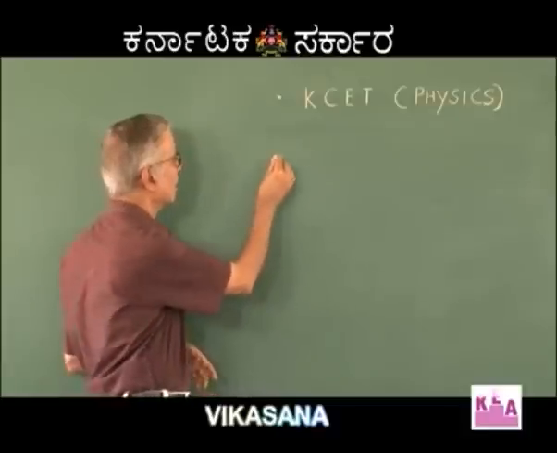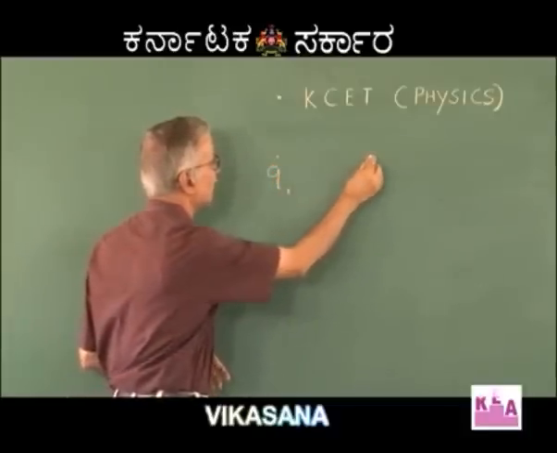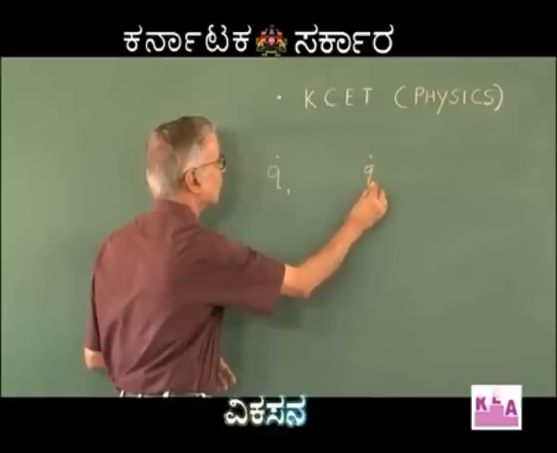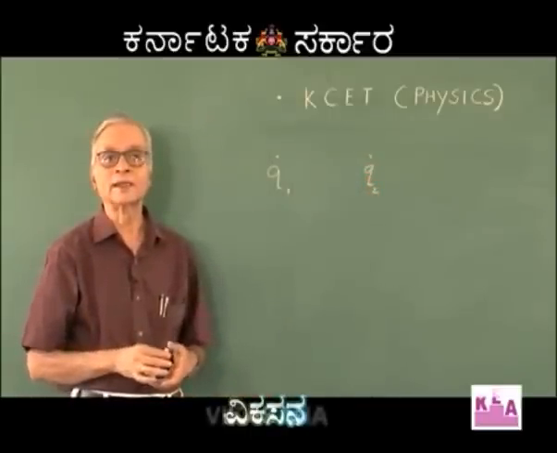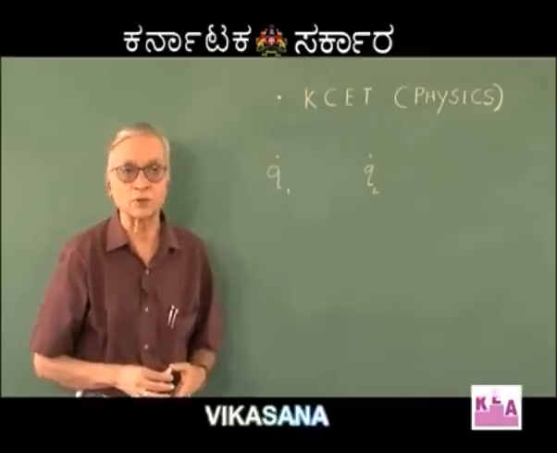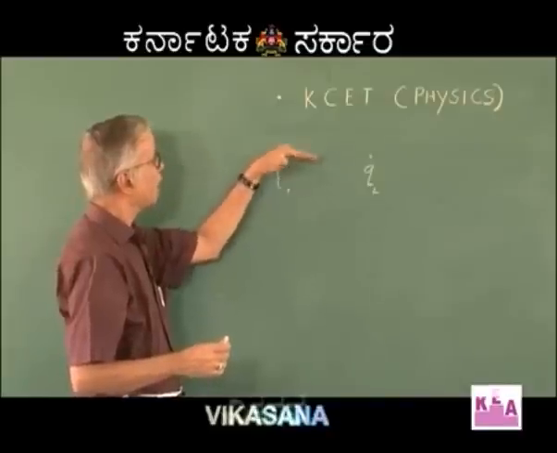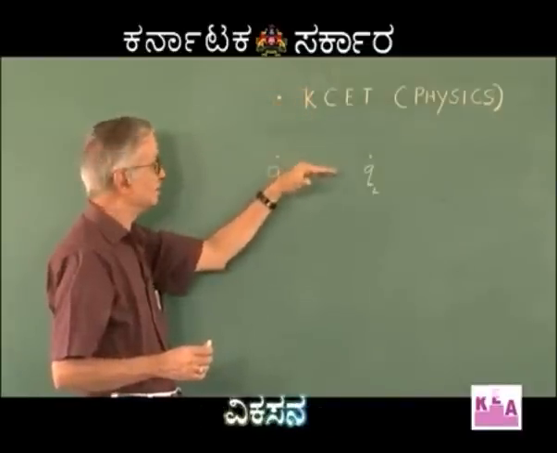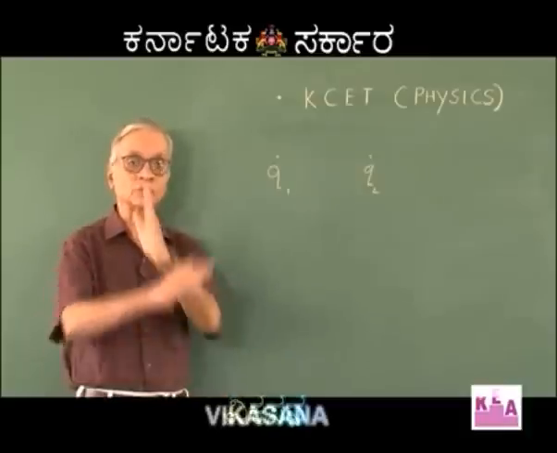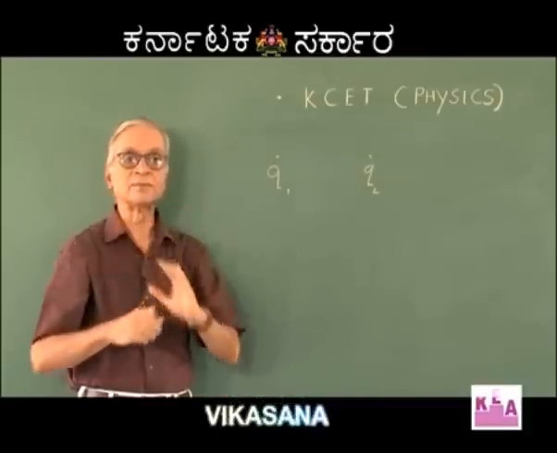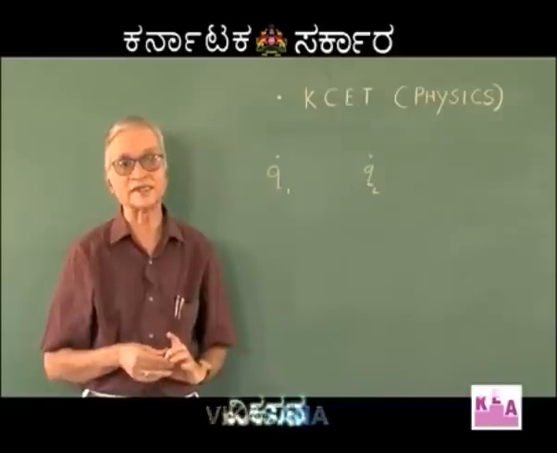Suppose Q1 is one charge, Q2 is another charge. You want to find out the points where the electric intensity is 0. Remember one thing, above the line joining the 2 charges and below the line joining the 2 charges, the two intensity vectors will be inclined at an angle other than 180 degrees.